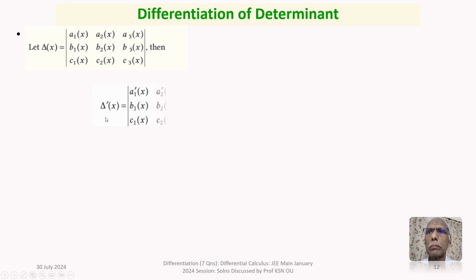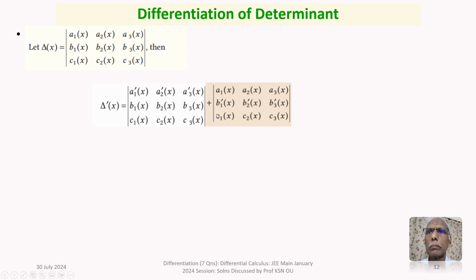The first determinant is the same as delta x with the first row replaced by the derivatives of the entries of the first row, that is a1 prime x, a2 prime x, a3 prime x, plus the second determinant, which is the same as delta x with the second row replaced by the derivatives of the entries of delta x.